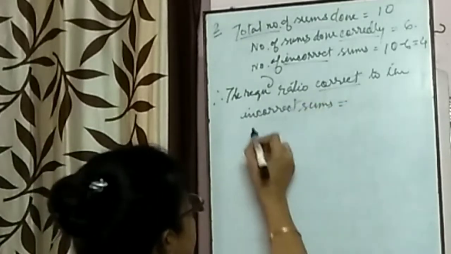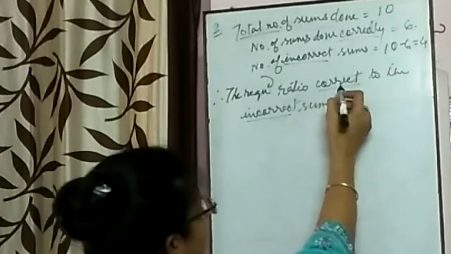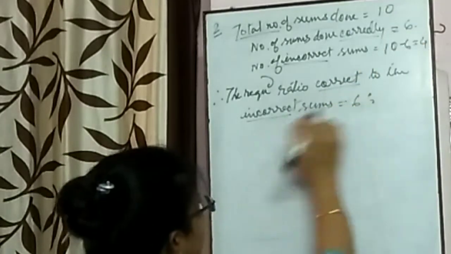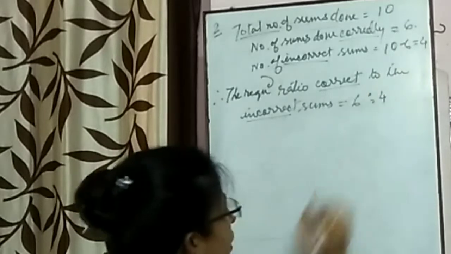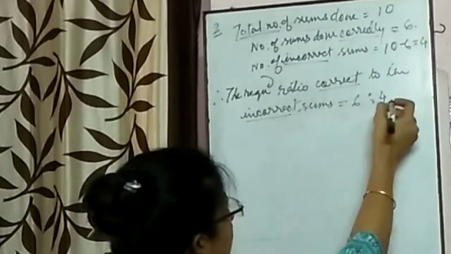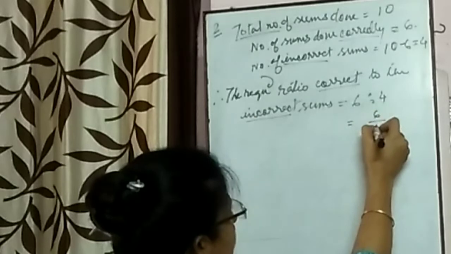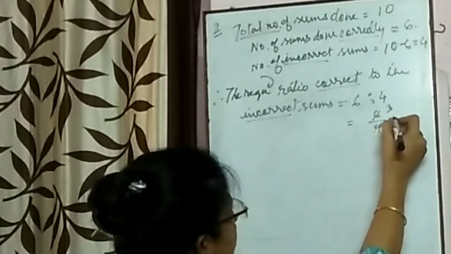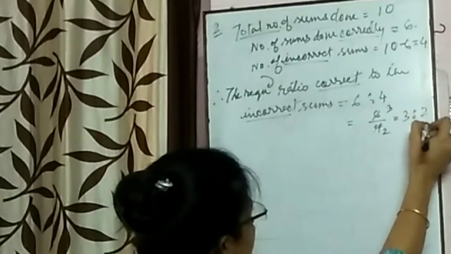Correct comes first, then comes incorrect. So correct number you write first, 6, then you write the incorrect number, 4, then make a fraction, 6 by 4, by 2 it will get cancelled. So the answer comes 3:2.